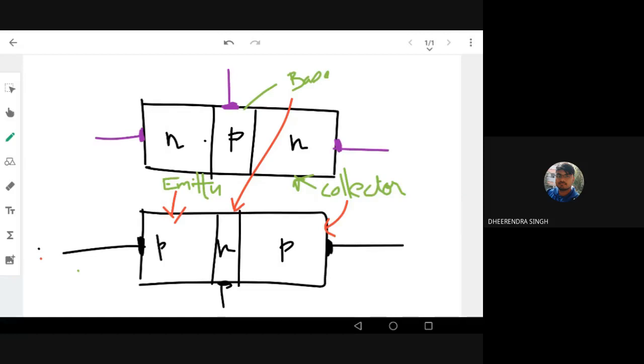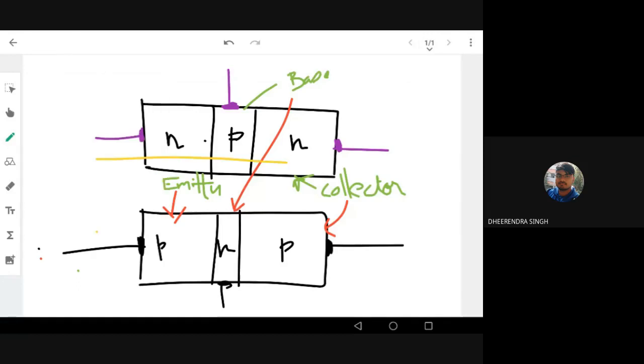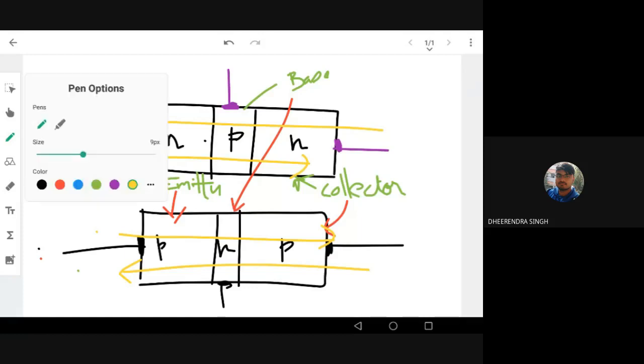You can see this is a symmetrical structure, in both ways, left and right. From left to right it is NPN, and from right to left is also NPN, and similarly in the case of PNP. So is it a symmetrical structure? The answer is no. The transistor is not a symmetrical structure. You can even compare the transistor to a combination of diodes.